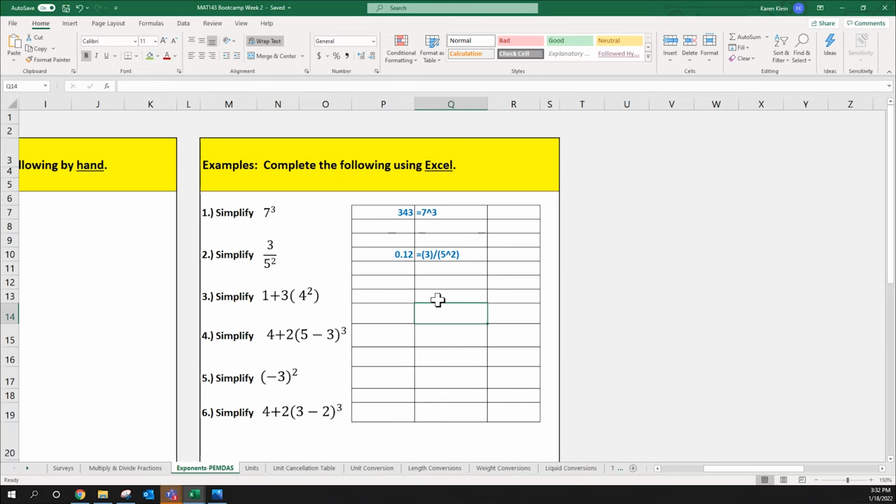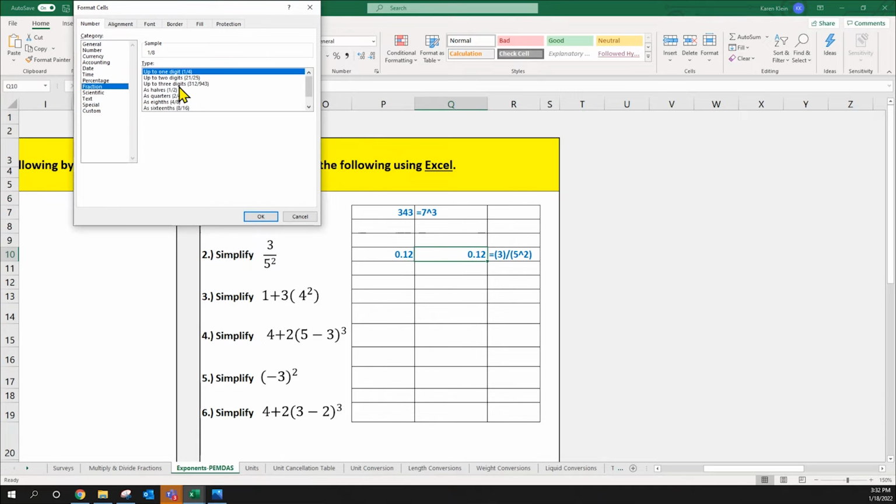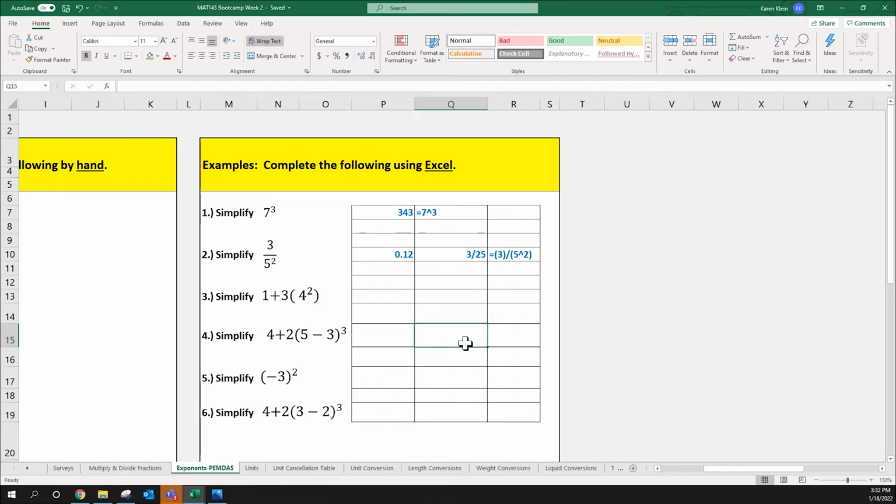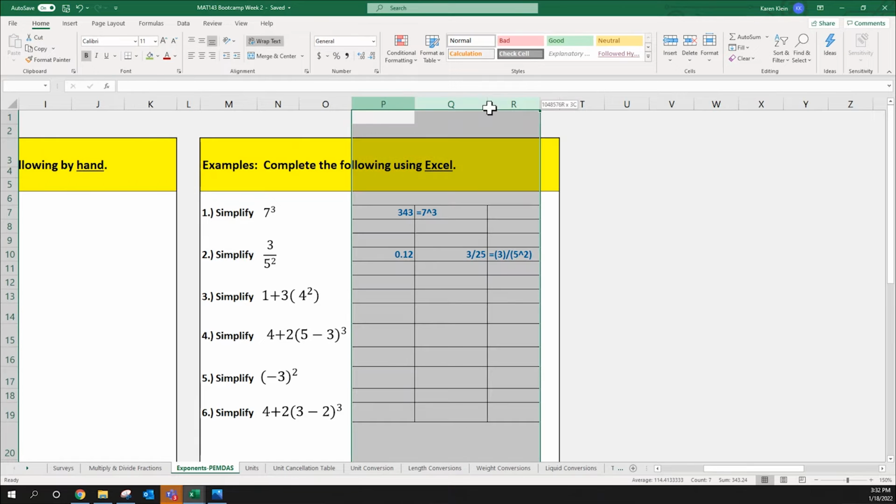This is going to be 3 over 25 if simplified by hand. But here it gave me a decimal. If I wanted to see this value as a fraction, I can change the formatting to a fraction, and we would see its equivalency right here.